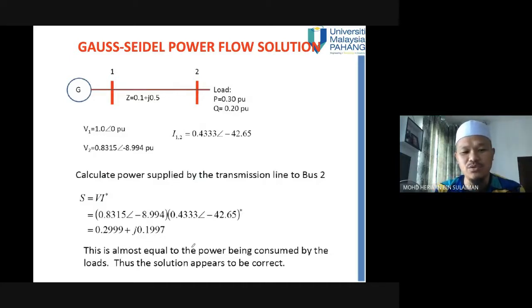This is almost equal to the power being consumed by the loads. This is what we want to confirm: our power is minus 0.3, this one is 0.2 for reactive. So we can say that this value is correct. Once we get this, we can get the PG and QG.